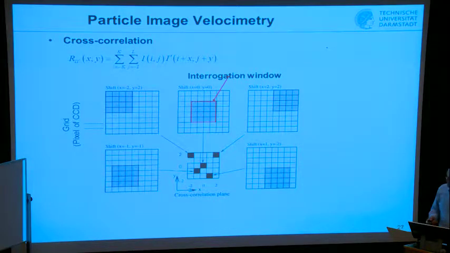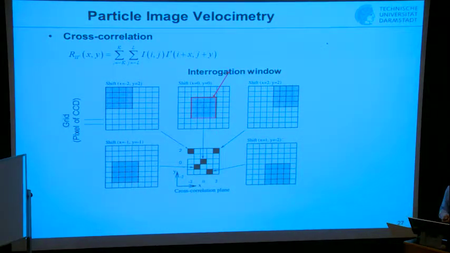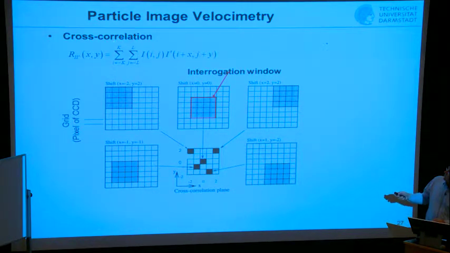The cross correlation itself is nothing else than searching for the most probable displacement where you find the best match of your particle pattern. Okay, how is that done? Starting from a certain pixel over here, from your first exposure, you shift your mask, with which you do the correlation, to other areas. Here are shown 5 of them. Then the corresponding pixels are multiplied by their intensities, you do this pixel-wise and sum them up, such that you end up with a correlation map.